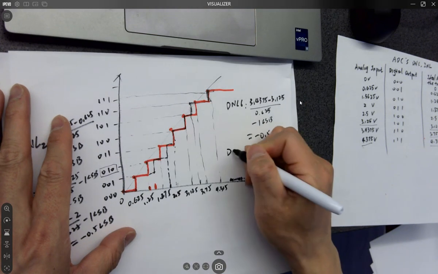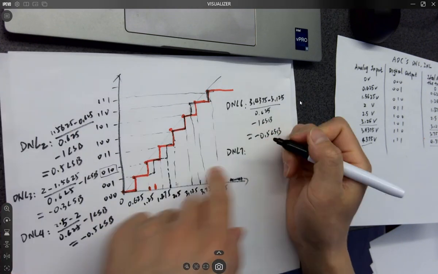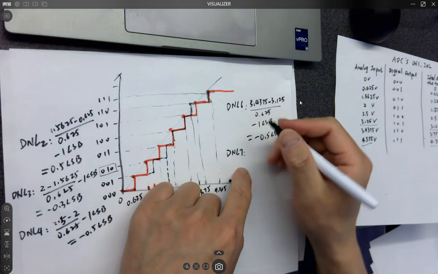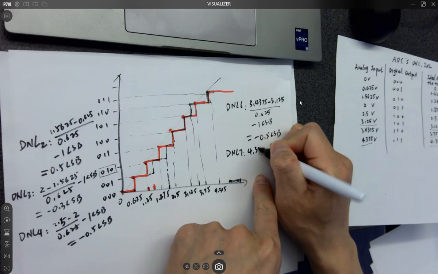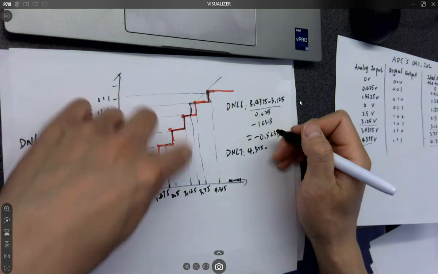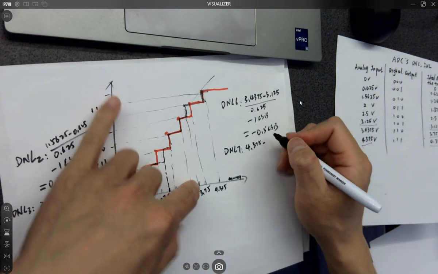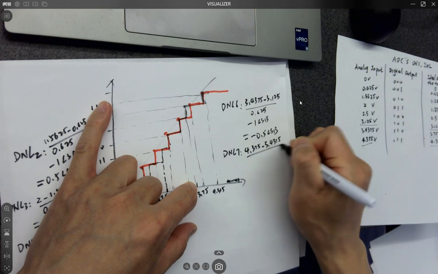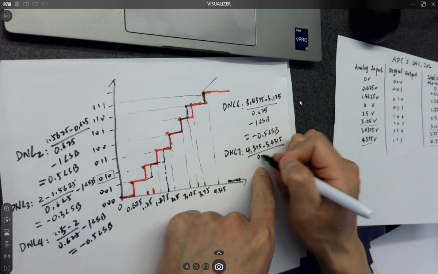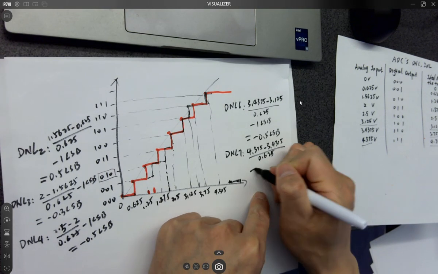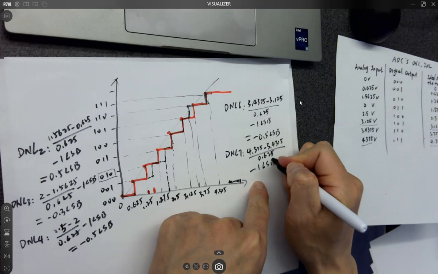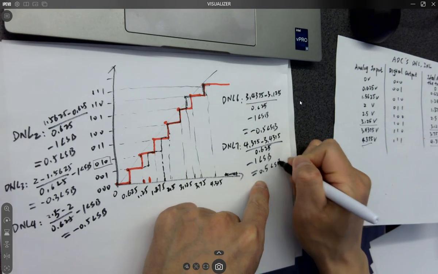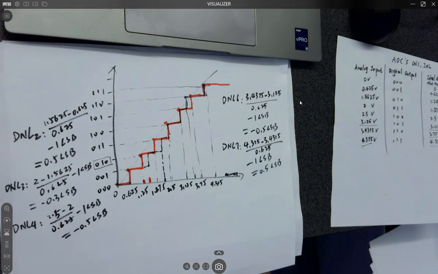So DNL7, which is this step size, which is 4.375 minus 3.4375, divided by 0.625 and minus 1 LSB, equals 0.5 LSB. That's how I calculate the DNLs.